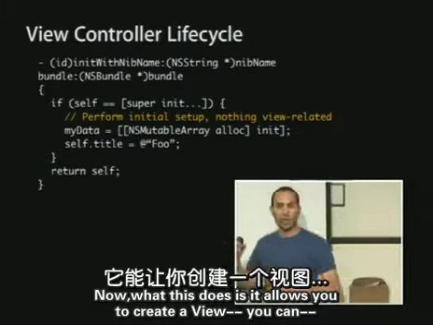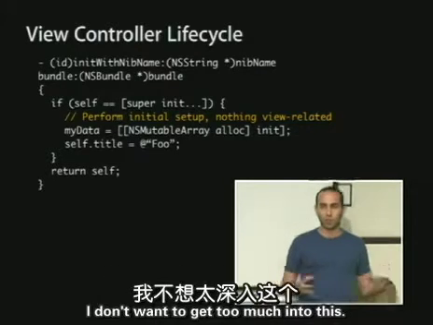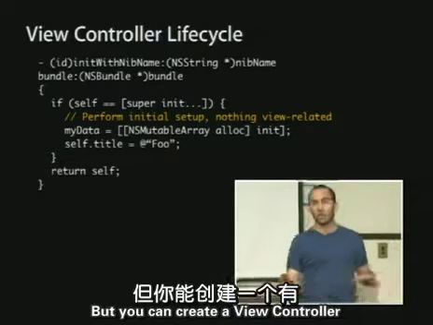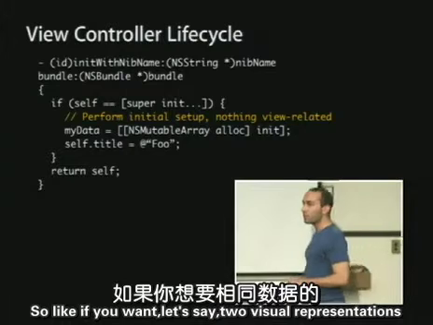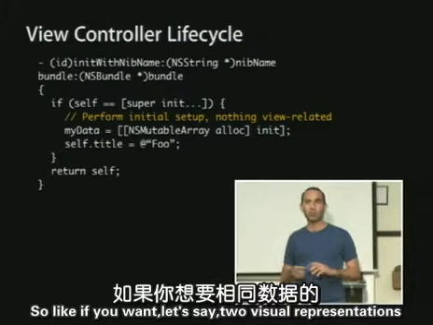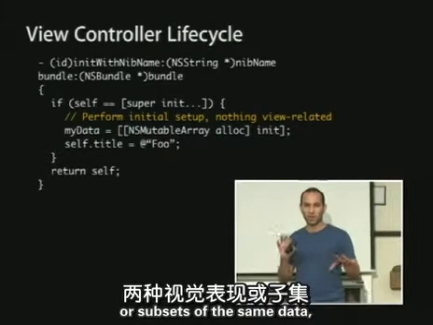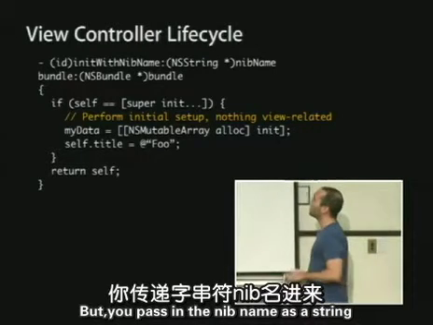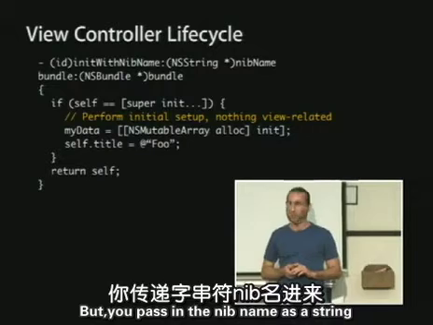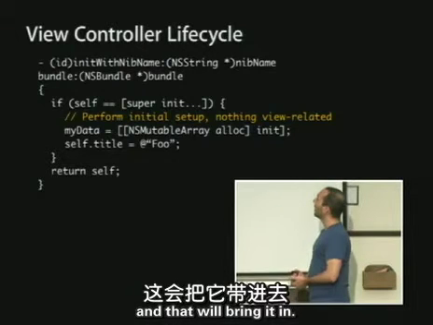Now what this does is it allows you to create a view. I don't want to get too much into this, but you can create a view controller that has different nibs, right? So if you want, let's say, two visual representations or subsets of the same data, let's not worry about that too much. But you pass in the nib name as a string, and that will bring it in.